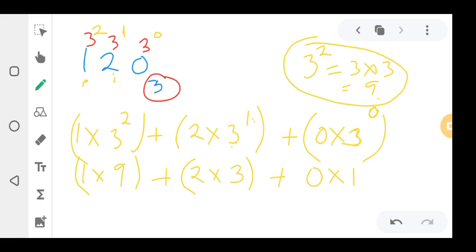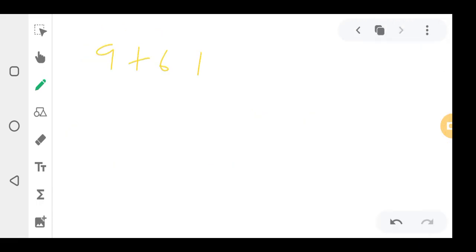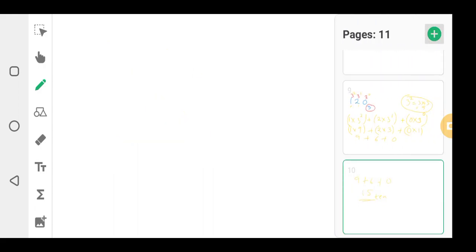So it is 0 times 1, which is 0. So I've got 9 plus 6 plus 0, which comes to 15. That's the answer, 15 base 10. That's how you do it, guys. So it applies to all questions.